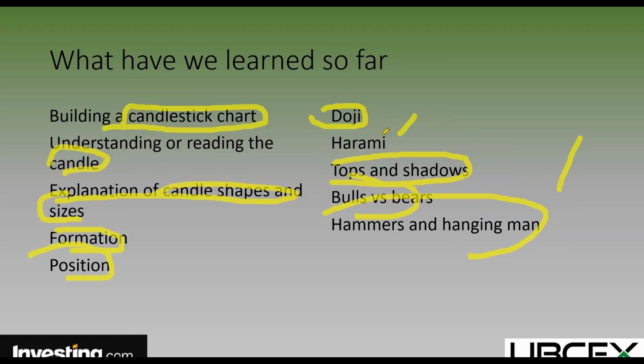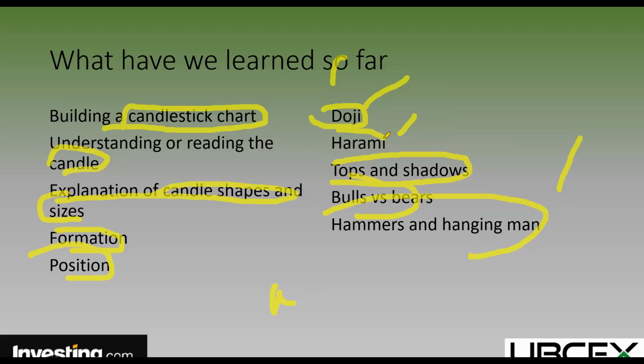Now, these are all what we call single candlestick patterns. The doji was one candlestick that told you something about market indecision. The Marubozu that we just looked at was a single candlestick pattern. So it tells you something about that time period, but doesn't help you make a trading decision.